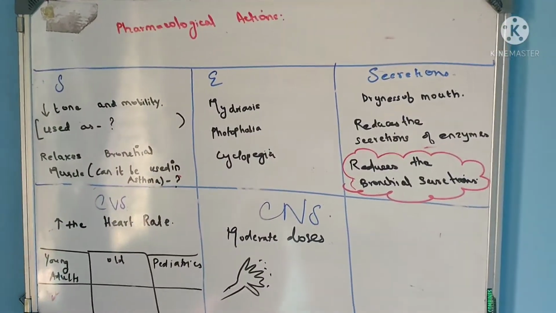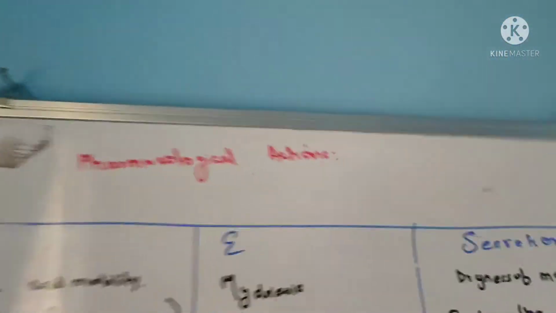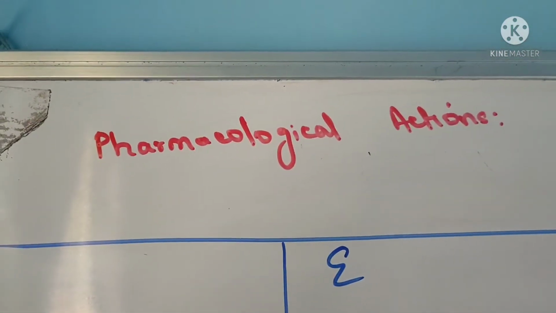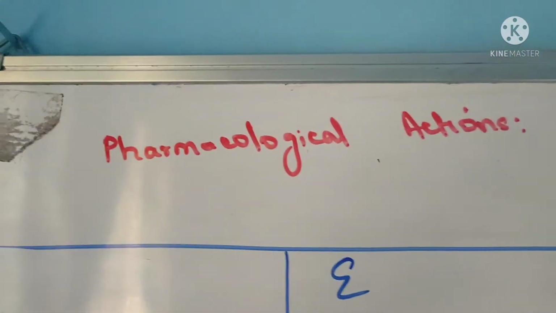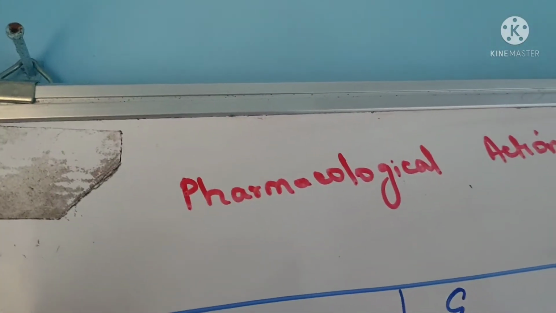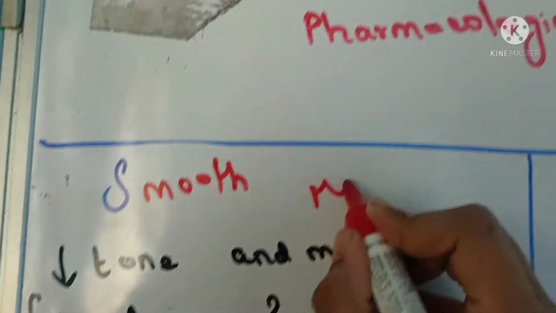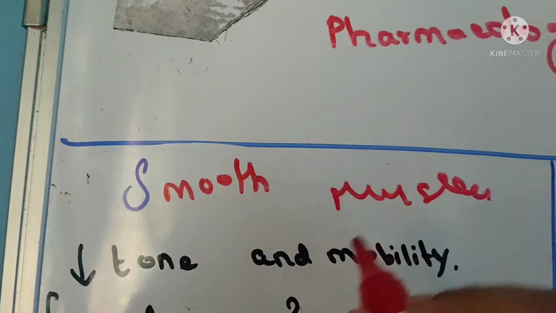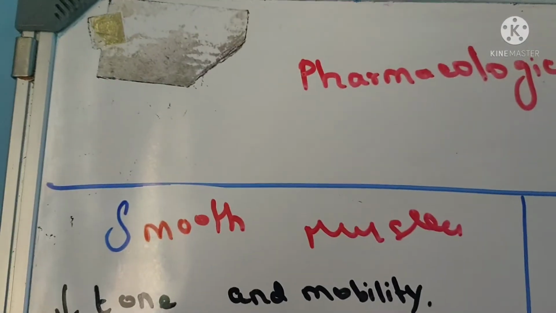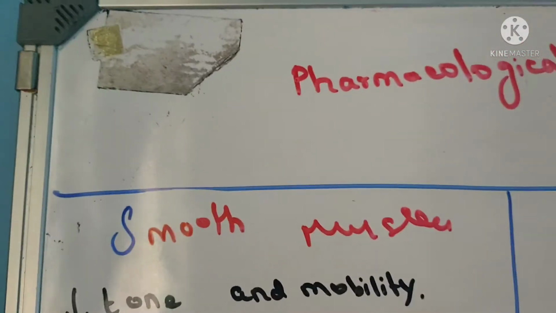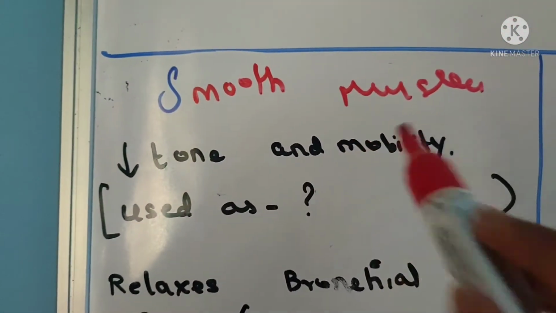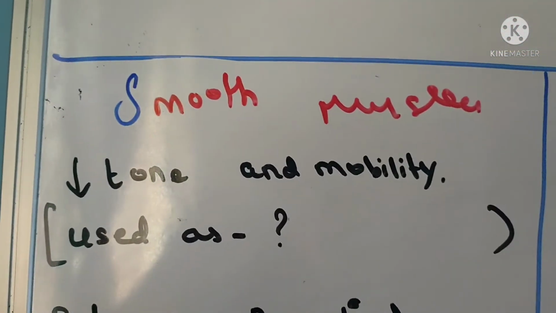Moving on to the pharmacological actions. These will be easier for you since you know the muscarinic receptor locations. First is smooth muscle. M3 receptors are found in smooth muscles and usually increase the tone. Since atropine and scopolamine block the muscarinic receptors, they decrease the tone and motility.